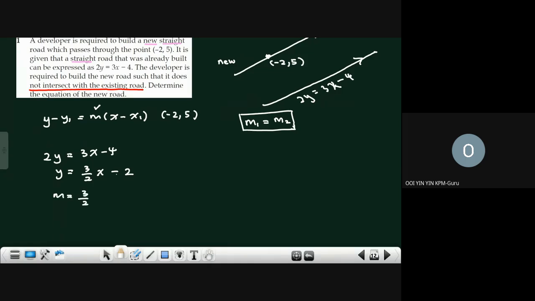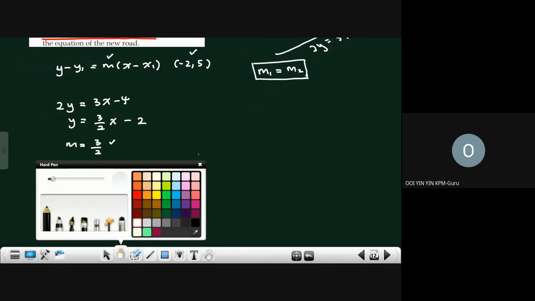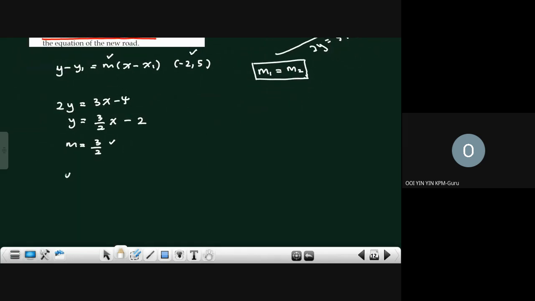That's the thing that we want. Since we already have our point and our m, we use our equation: y minus y1, 5, equals m, 3 over 2, times x minus x1, which is -2.